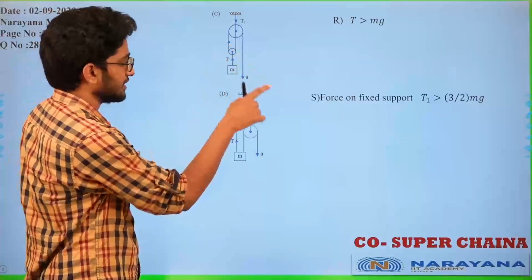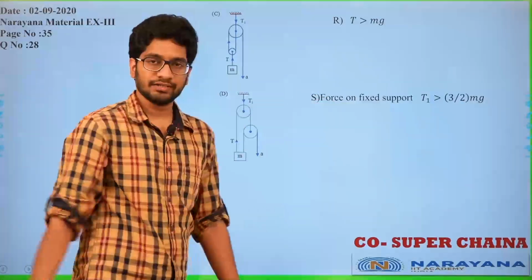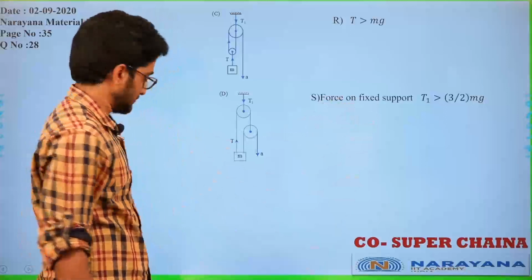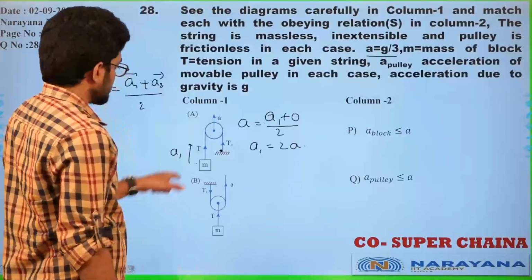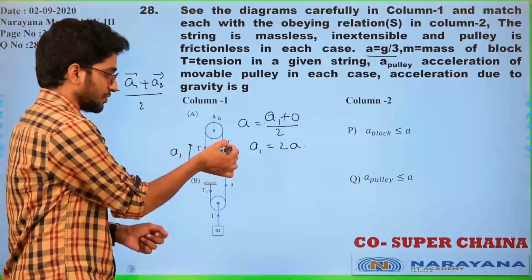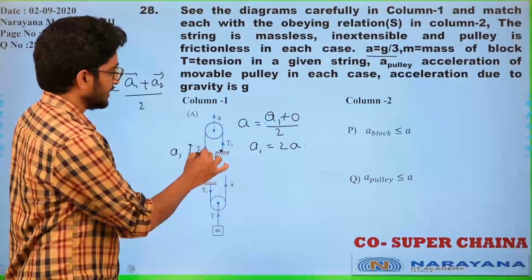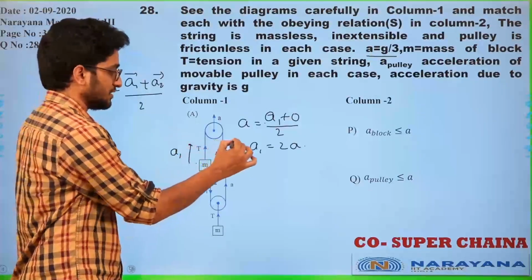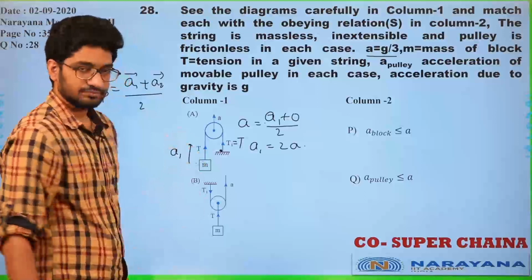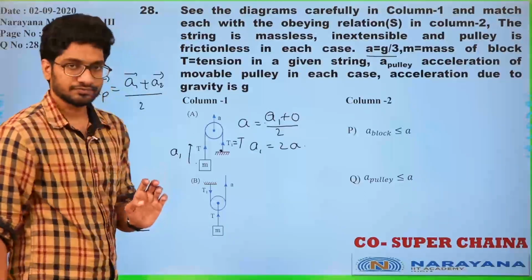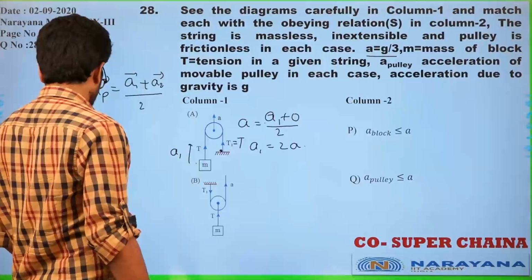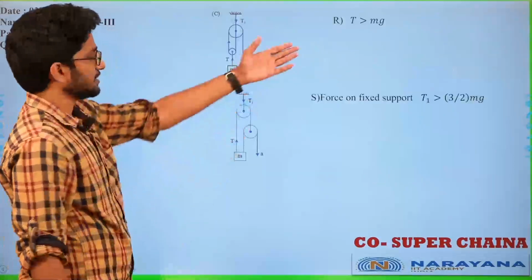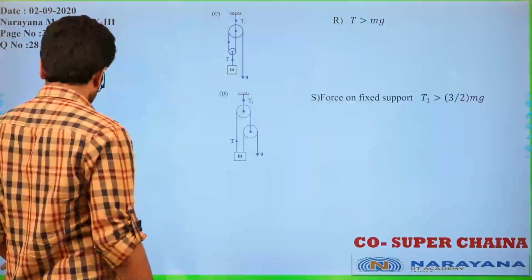You have tension greater than mg, and the force on the fixed support. So this is the tension here and this is the force on the fixed support. But here there is a single string, so T is equal to T1. I need to find the tension now. Actually I need not find it, it is just asking whether it is more than mg or not.